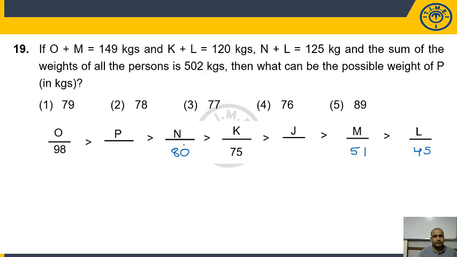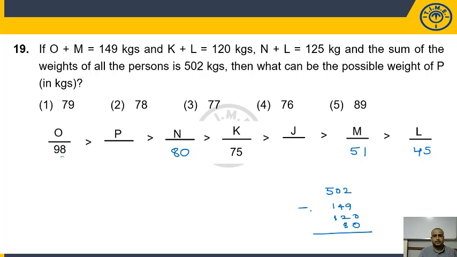And the sum of the weights of all the persons is 502. We already know these two as 149, the sum of K and L as 120, and N is 80.